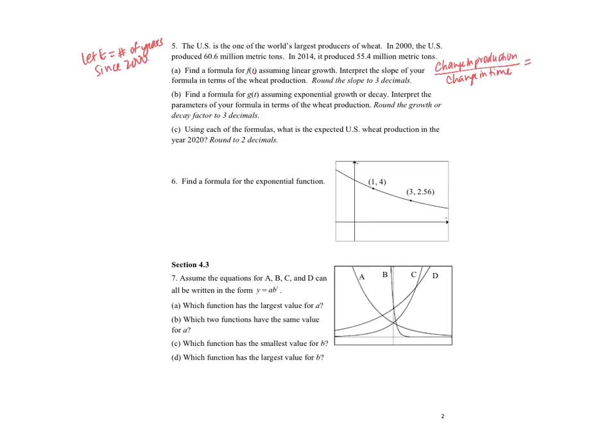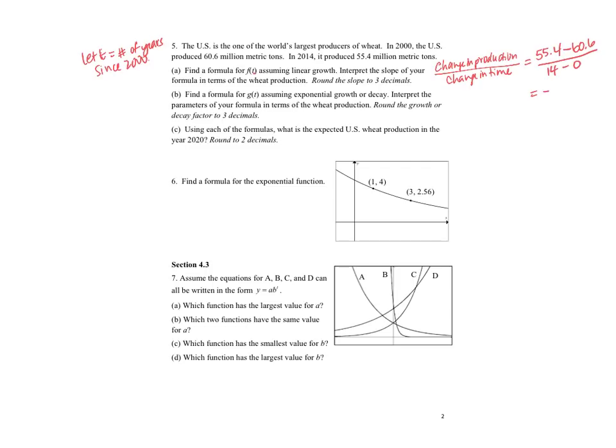Okay, and so the change in production is in 2014 it's 55.4, and in 2000 it's 60.6, and then we have 14 years past 2000 and 0 years past 2000. So we have 55.4 minus 60.6, and I want to divide that by 14.